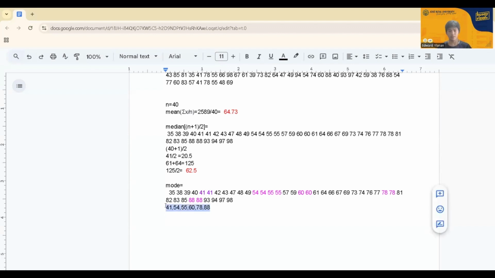Your dataset is multimodal because we have four or more modes, six modes.